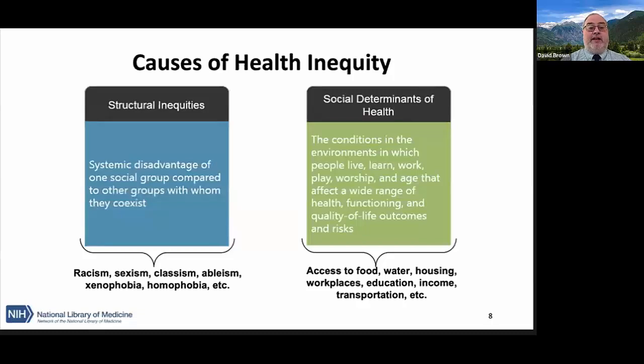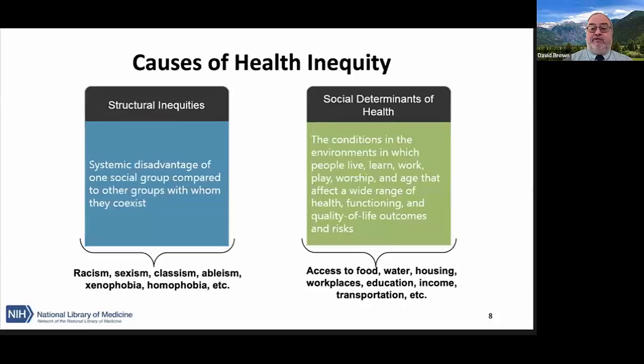Whereas with the social determinants of health, there's a little more that we can do individually and as communities to make changes. For that reason, public health interventions tend to focus more on the social determinants of health than the structural determinants. These are the conditions in the environment in which people live, learn, work, play, worship, and age that affect a wide range of health, functioning, and quality of life outcomes and risks.